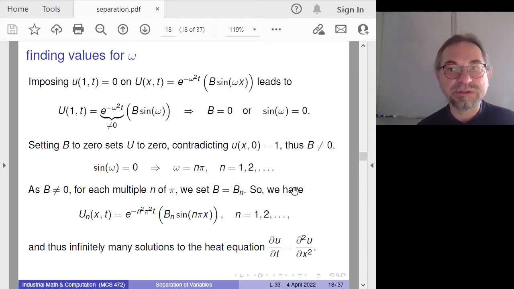So our problem is not trivial, and we cannot set the capital B to 0. So the sine function has to vanish at omega, and we have infinitely many values for omega. Every multiple of pi, starting at 1, will set this to 0.